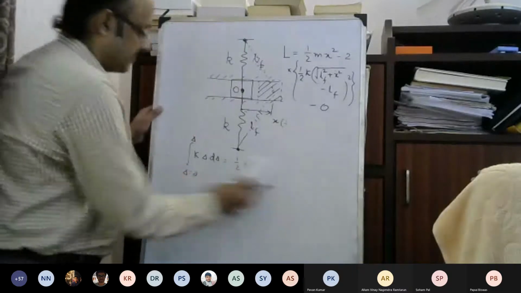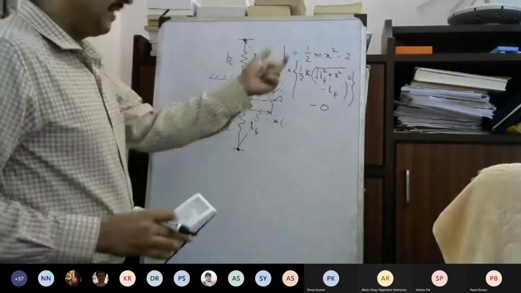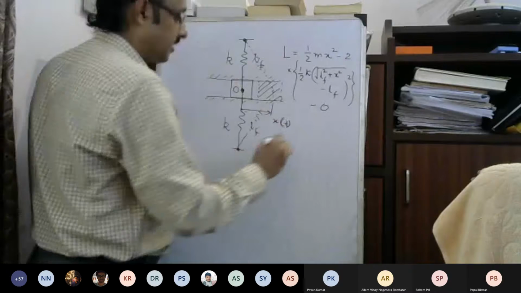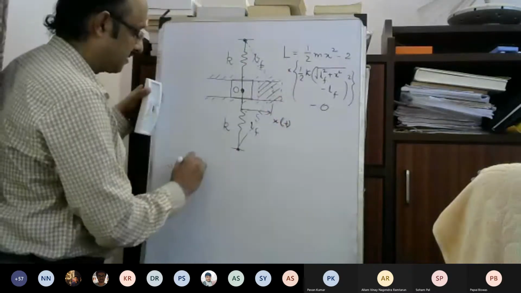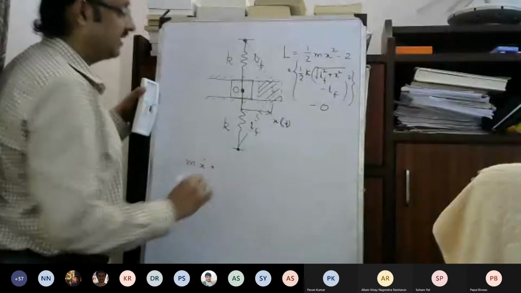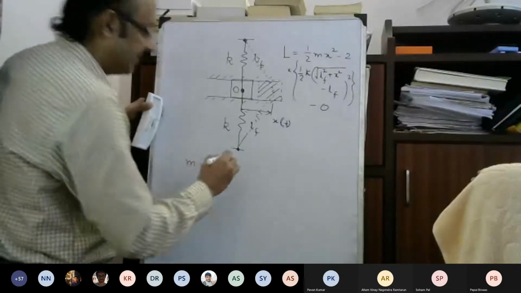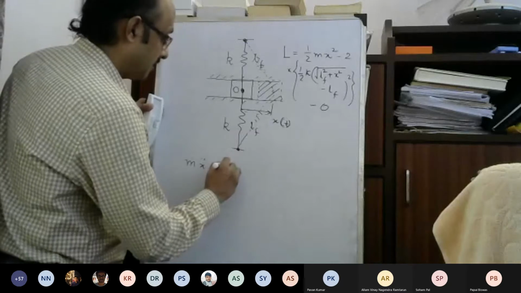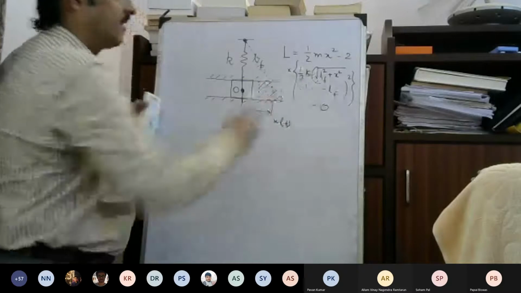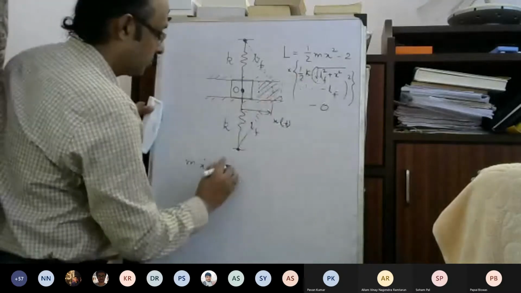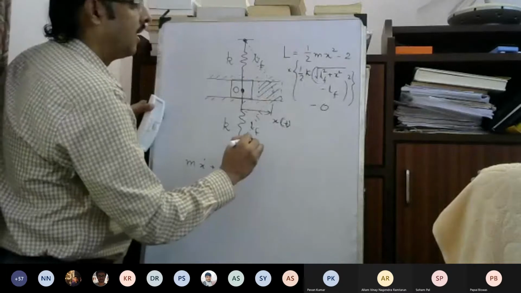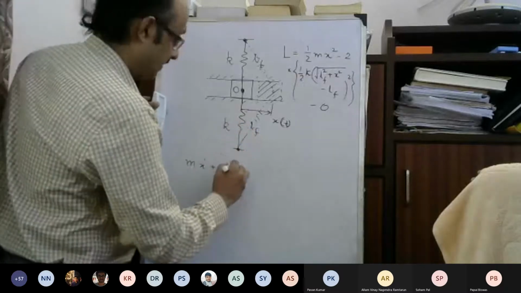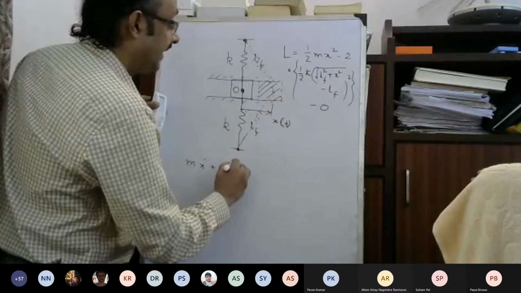Okay. Now, if you think a little bit, you'll get this doubt clear. So if your Lagrangian is like this, then the equation of motion will be m x double dot plus d/dt of del/del x dot, minus del/del x of this quantity, which will be equal to 2 times k times whatever this is.